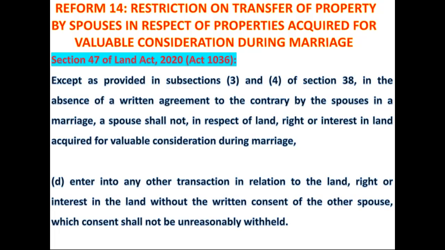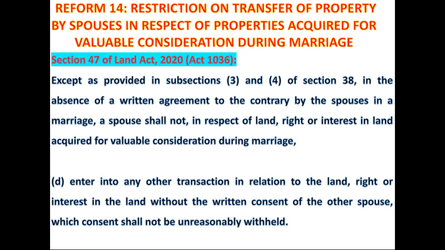And now the spouse has to bear the brunt of having to look for another place. So now they are saying that because the properties acquired during the course of marriage are supposed to belong to both people, properties jointly acquired, before you alienate any of the properties, you must take the written consent of the other spouse. And that consent shall not be unreasonably withheld.